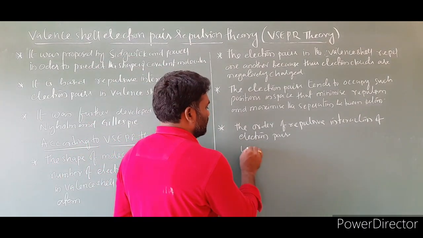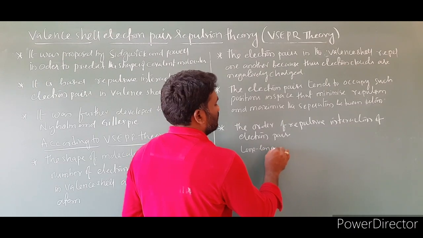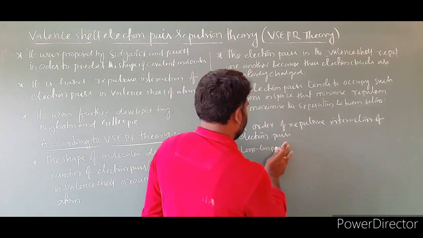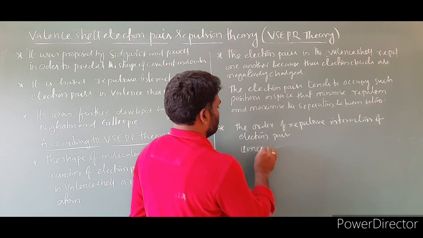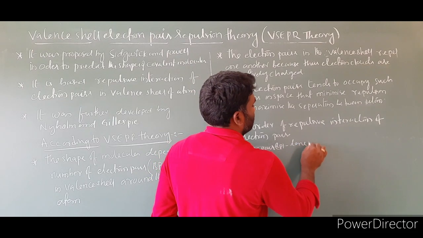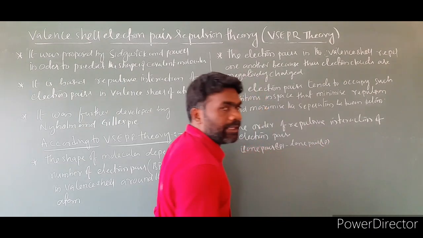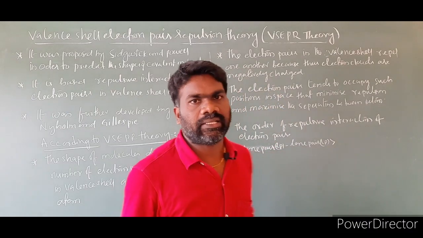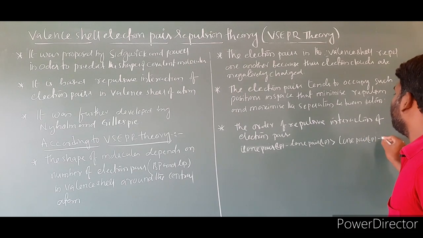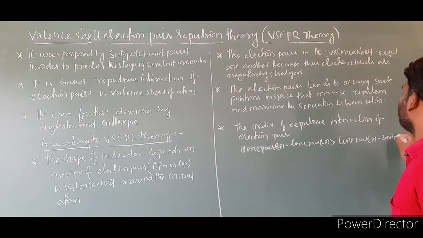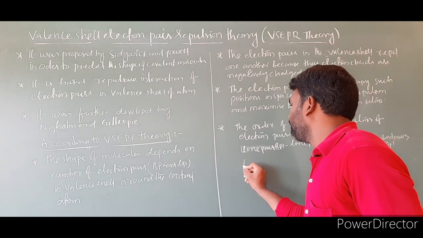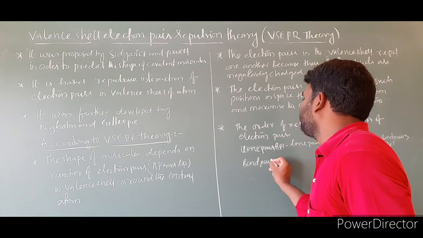The order: first we take lone pair, LP, greater than lone pair bond pair, LP-BP, greater than bond pair, BP.